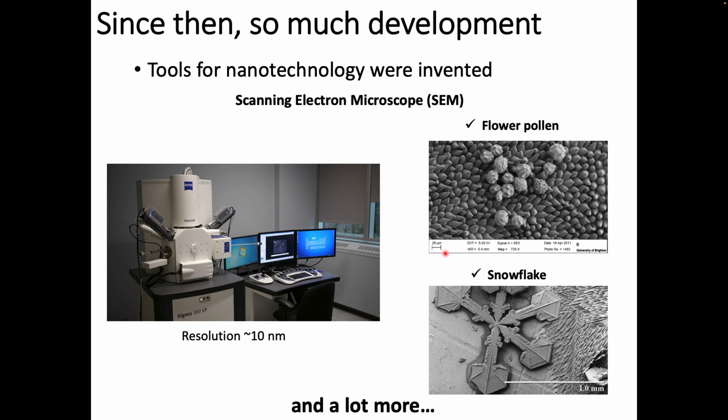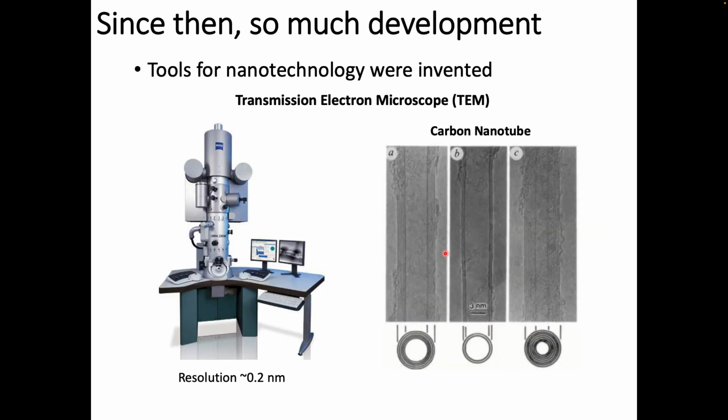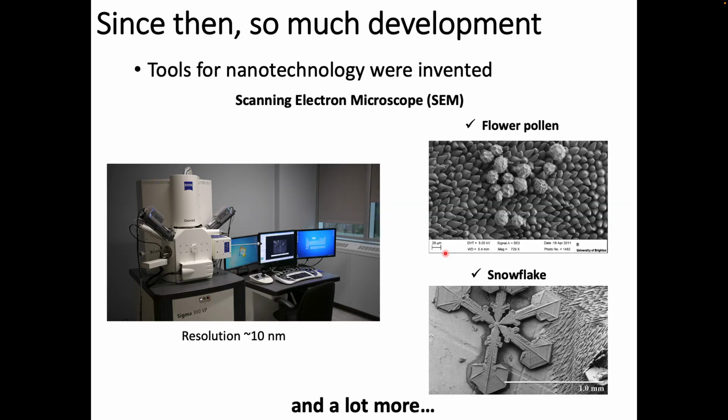For the scanning electron microscope, you collect the electrons bounced off the features, and that is how you get the image. For the transmission electron microscope, electrons are transmitted through the sample and collected, and depending on how they are diffracted, you can recover the image features. Because of that, you are just counting how many electrons arrive at the detector, right?